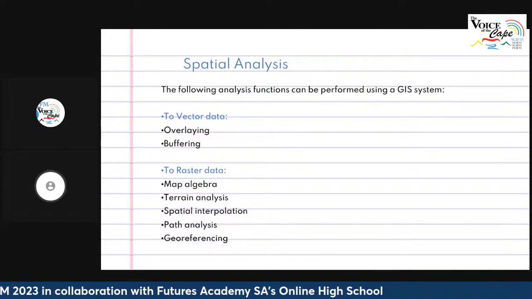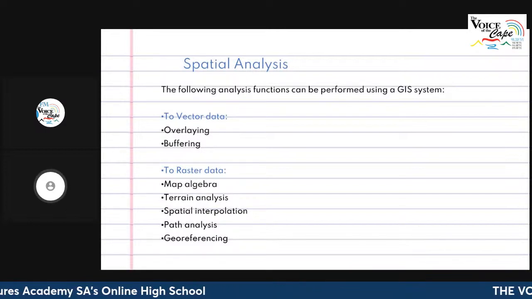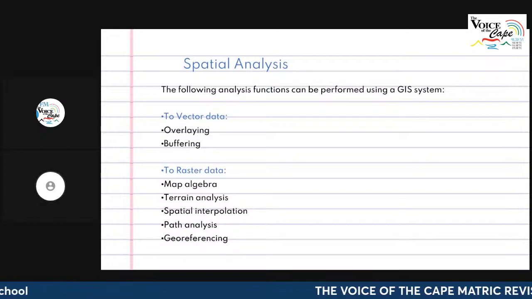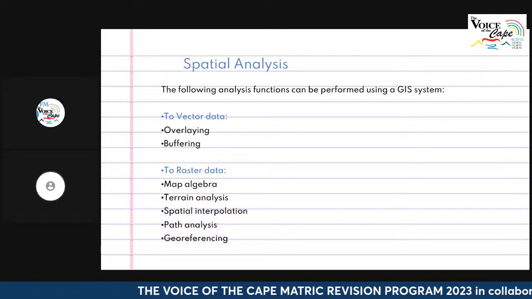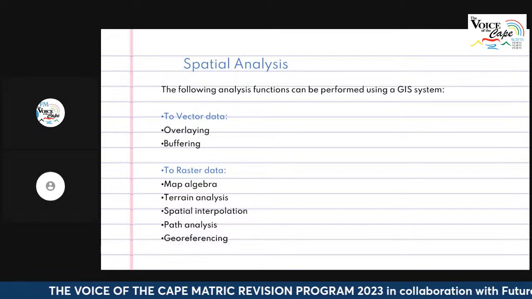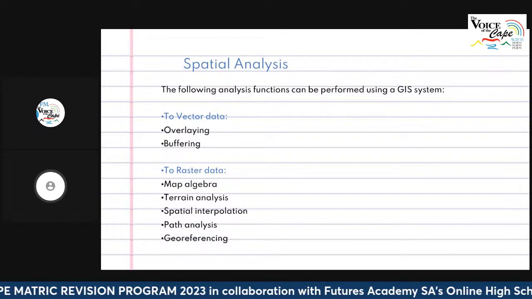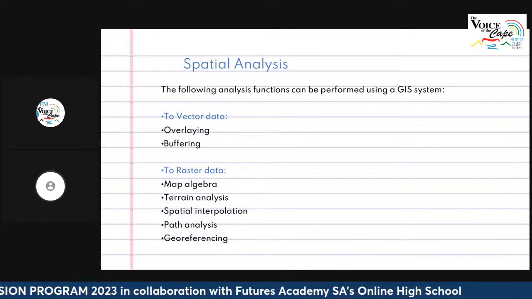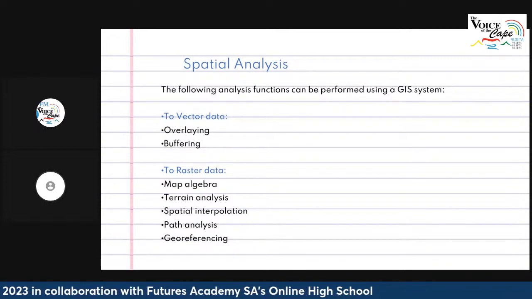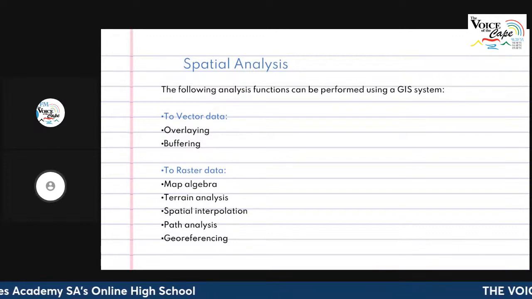Or we can buffer. A buffer means we take our topographical map and map out a certain area that we want to protect, maybe because it is near an airport, and we want to protect that area so that if we want to grow the airport, we can expand it within a buffering sector.